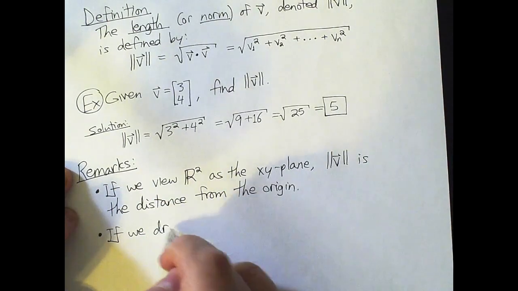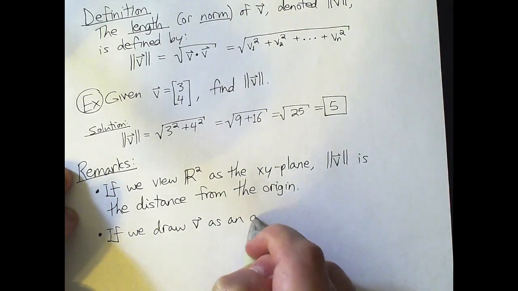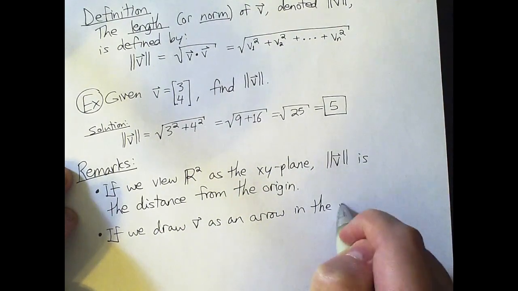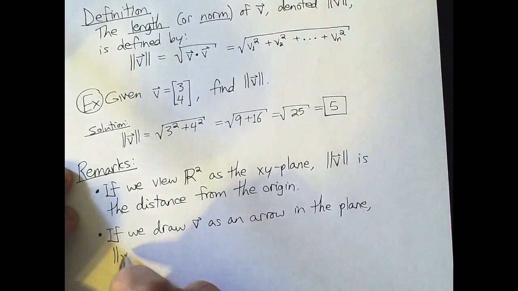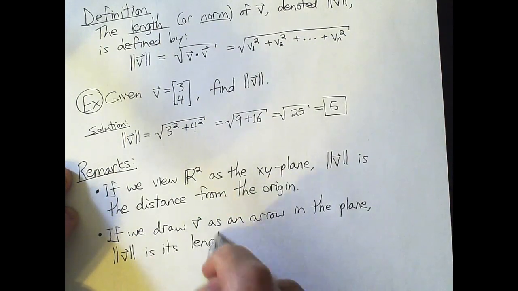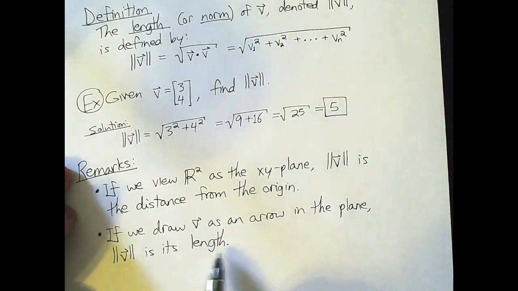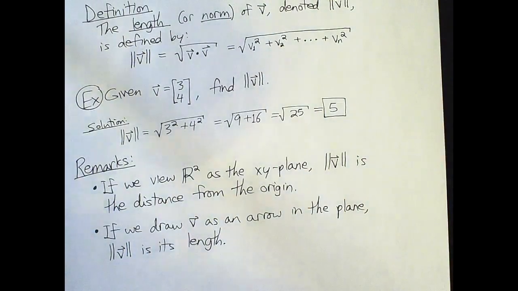If we draw the vector V as an arrow in the plane, the length of V, or the norm of V, is its length. We defined it as length, but it's the length in the traditional sense, when you talk about the length of a line segment.